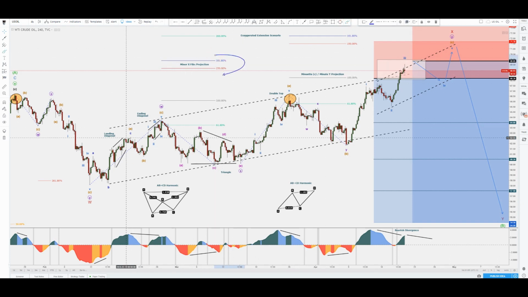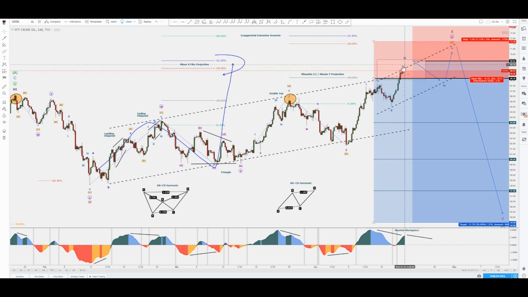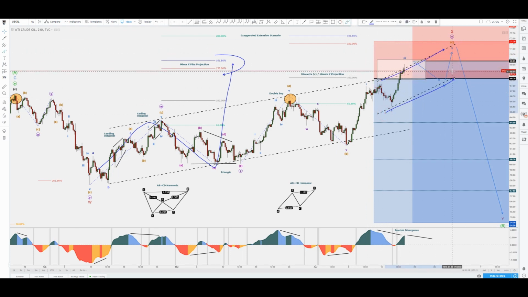We have 161.8 from W and X right here, which we can actually see in real time in this box. A reaction is occurring, and I've also drawn this rising channel, preparing psychologically for the possible overshoot on the upside.